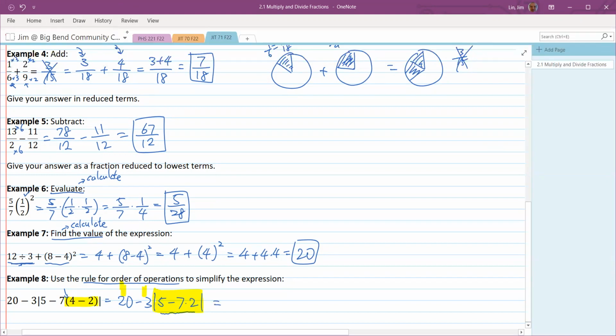So let's do it. We have 20 staying there, and the negative, and the 3 staying there, and then we'll have 5 minus 7 times 2 inside the absolute value sign. Multiplication is dealt with first. So we have 7 times 2 equals 14.